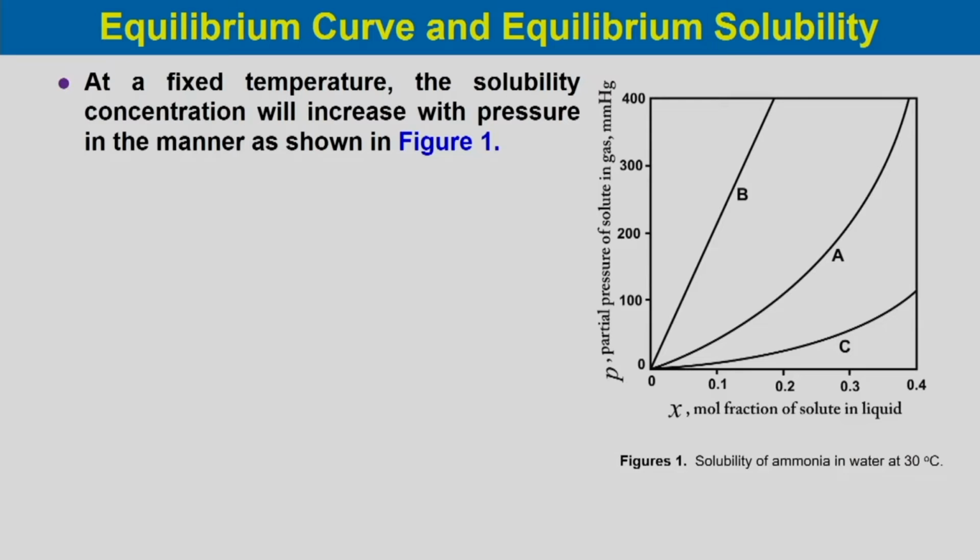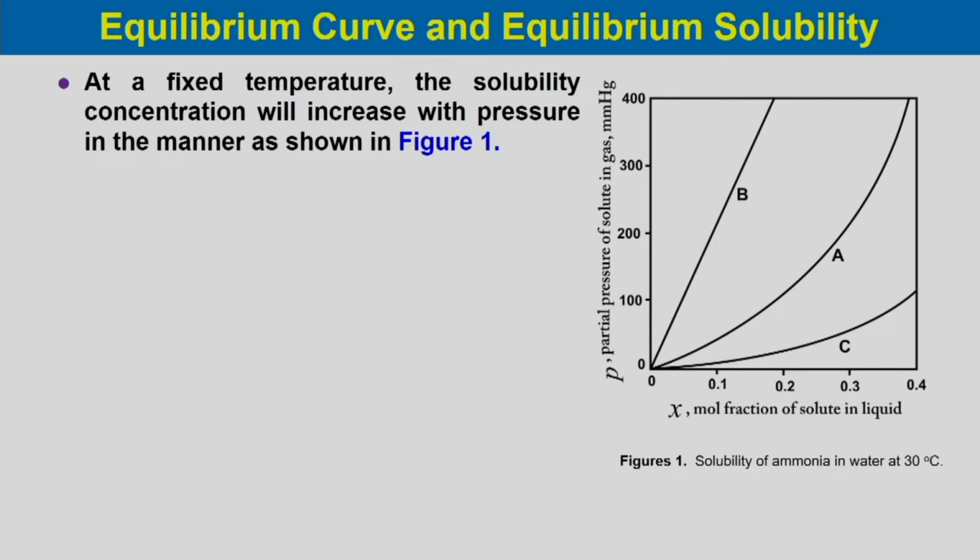Now, at a fixed temperature, the solubility concentration will increase with pressure in the manner shown in figure 1. So, you can see that if you increase the pressure, the solubility of the gas at a particular temperature will gradually increase.